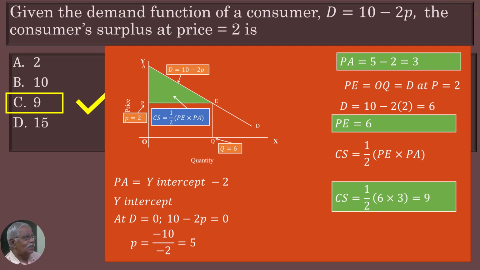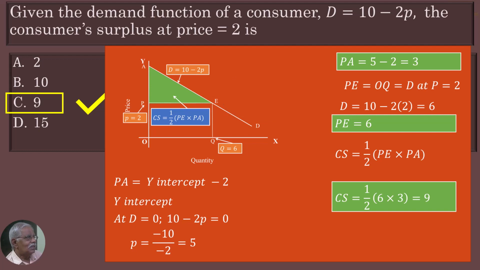So, it results in a triangle that shows the consumer surplus. The area PAE represents consumer surplus. It's a right-angled triangle. So we can use the formula for the area of a triangle to solve this problem. For this, we must know the value of PE, that is the base, and the value of PA, that is the height.